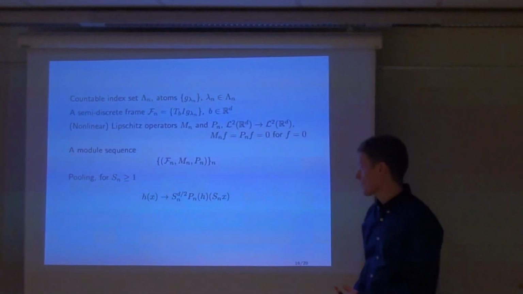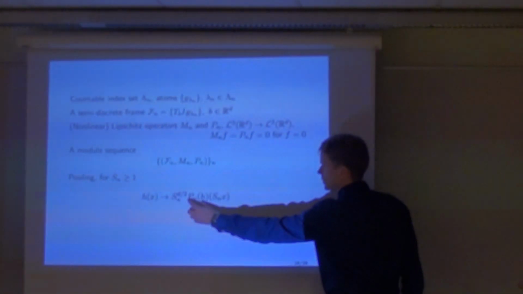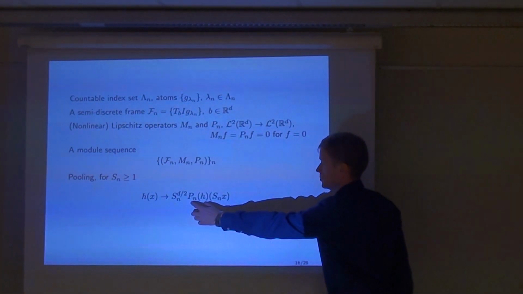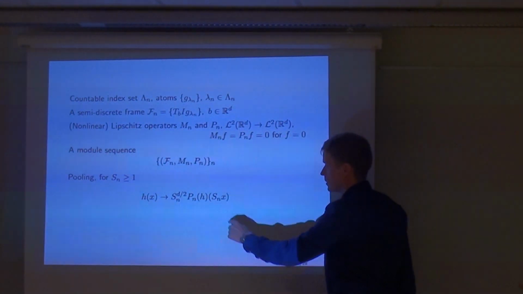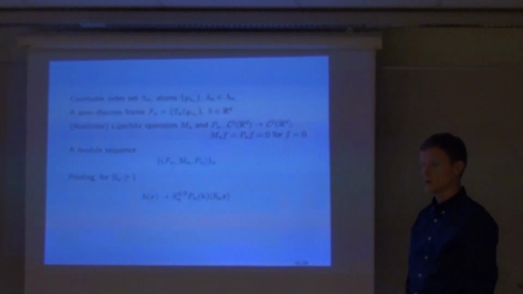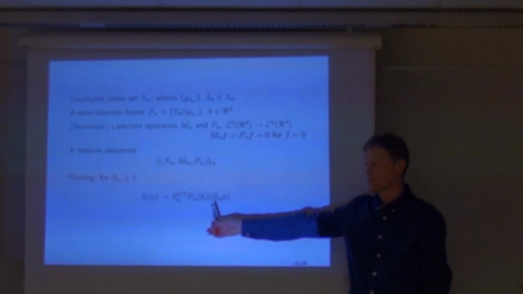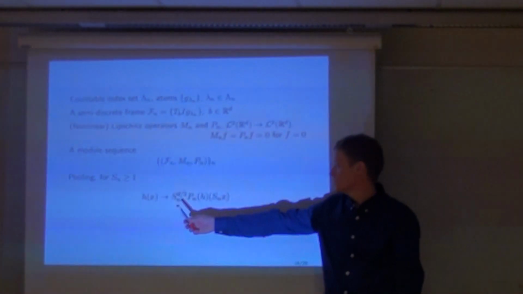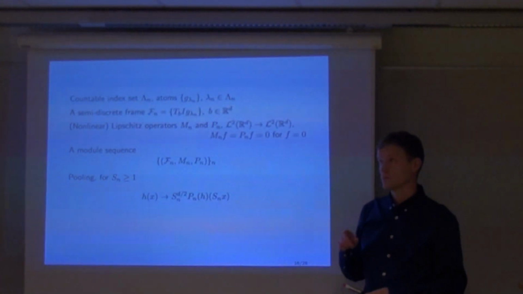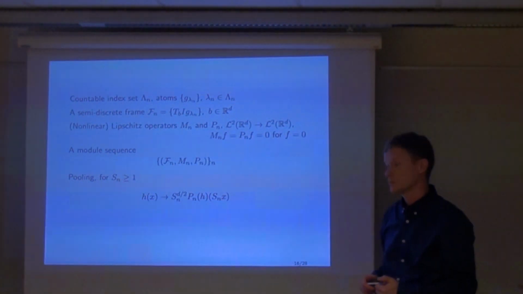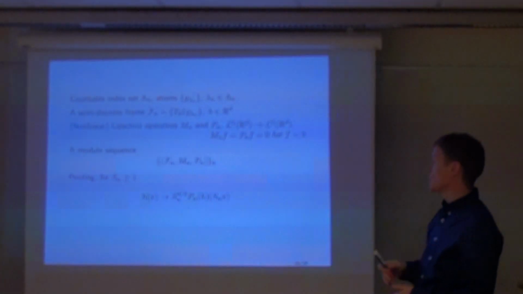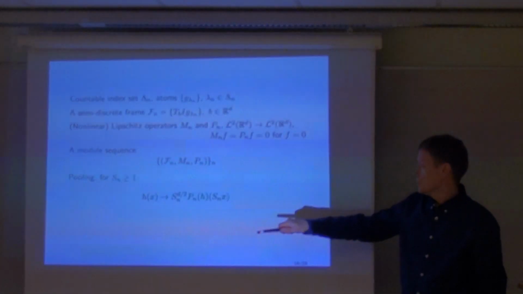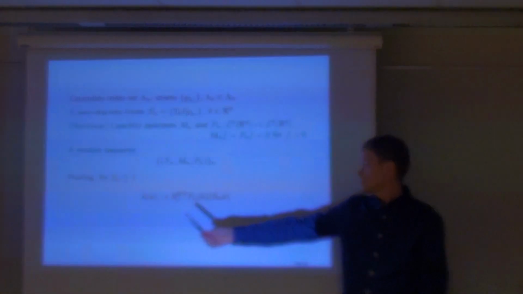And then this is now a function of x. You don't evaluate that function at x, you evaluate it at Sn times x. So here is a scaling, and then you scale outside also, like for frames. You remember they also did scaling inside and outside. And this is now the pooling. So this could be averaging.